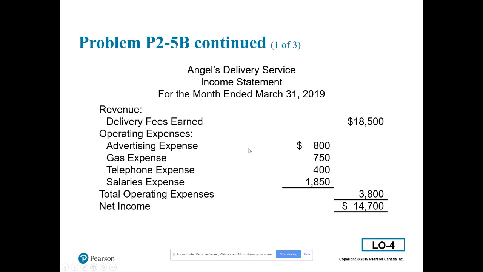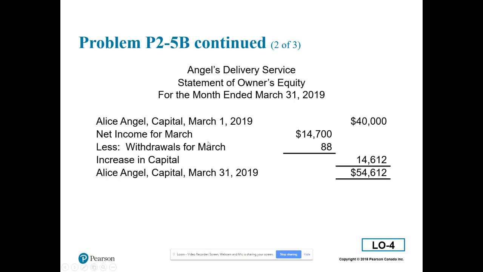I would then take this net income figure, put that into the statement of owner's equity. So I'd say, here's the capital. Now, this example is kind of bad actually because the initial capital was 0. It wasn't until she actually made a contribution. So you could say that it started with 0 and then she added a contribution of 40,000 and then had the net income.